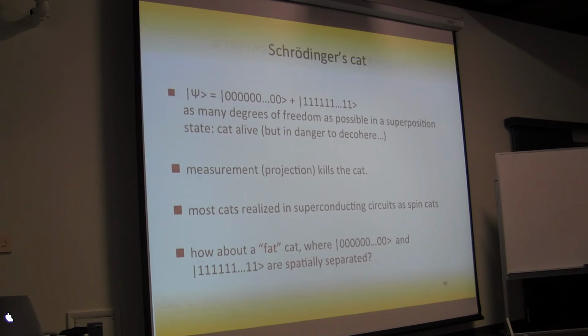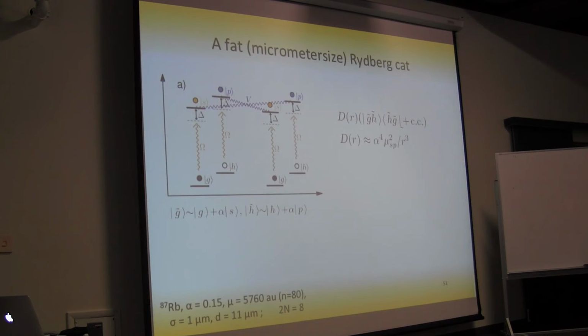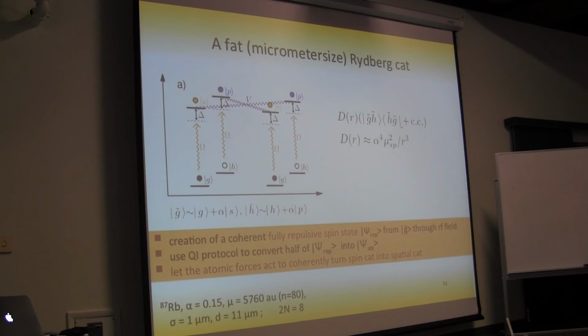And we now try to realize that in a spatial domain, and I don't want to tell you how this goes. Technically, it's a little bit involved, but the first step is you create a fully coherent repulsive spin state from your ground state through a microwave field.